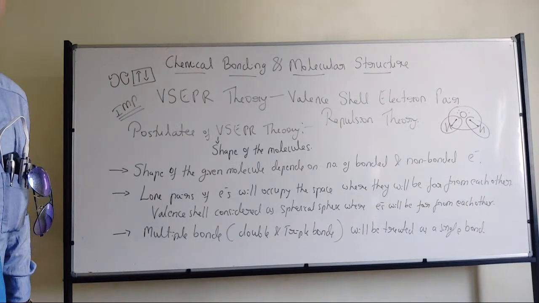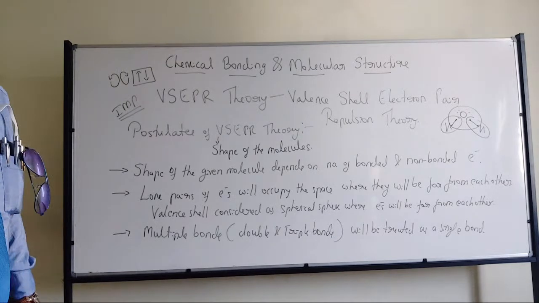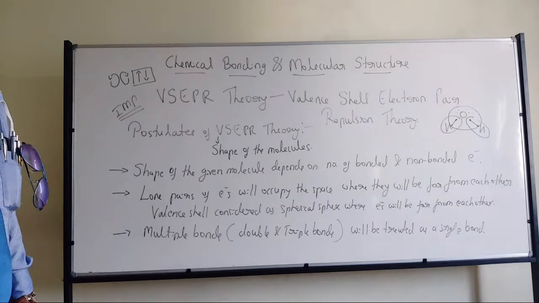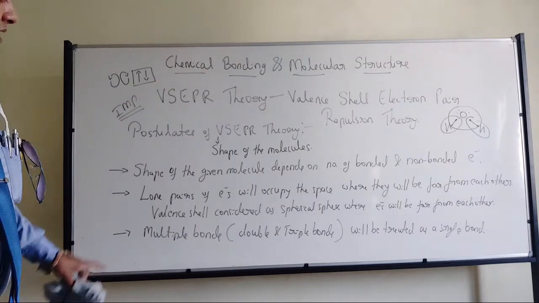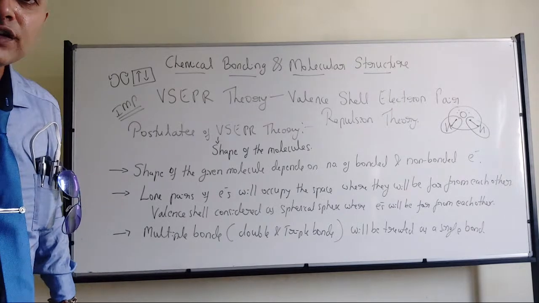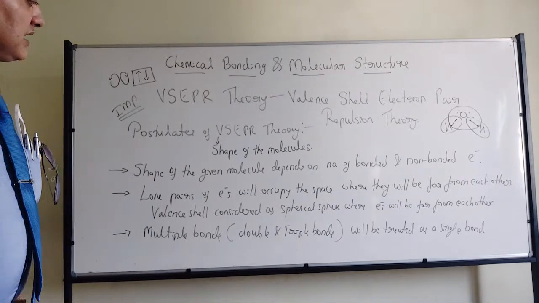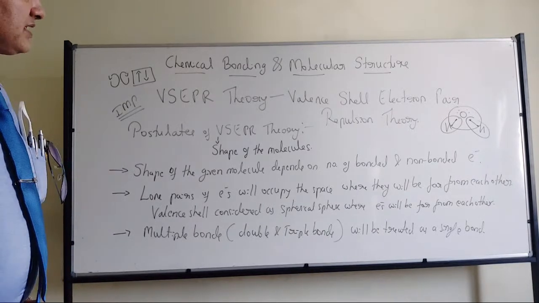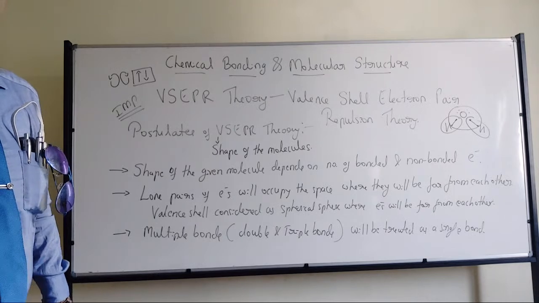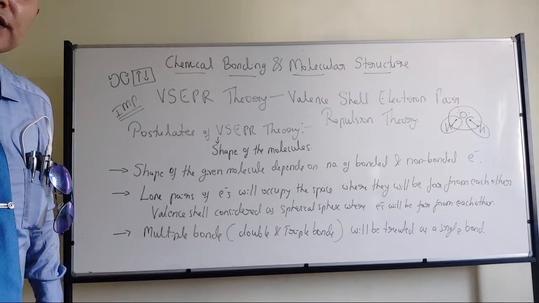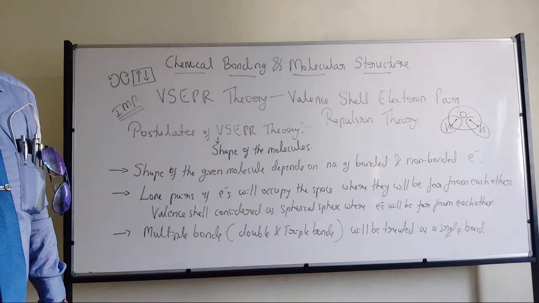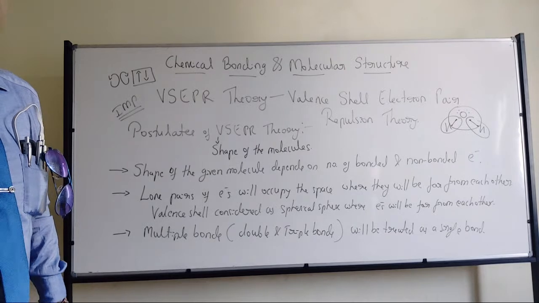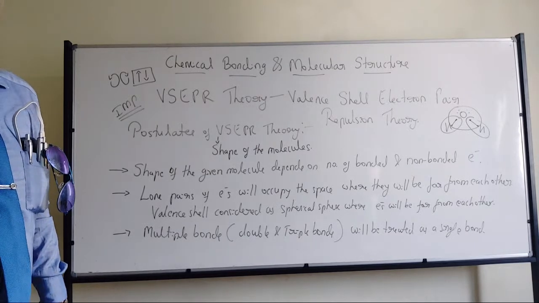So no confusion, right? The last statement talks about multiple bonds, where double or triple bonds will be treated as a single bond. With respect to a single bond, how many electrons will be there? 2 electrons. With respect to a double bond? 4 electrons. With respect to a triple bond, 6 electrons. So the number of electrons is increasing, but with respect to the shape of the molecule in VSEPR theory, they will consider them as a single bond.